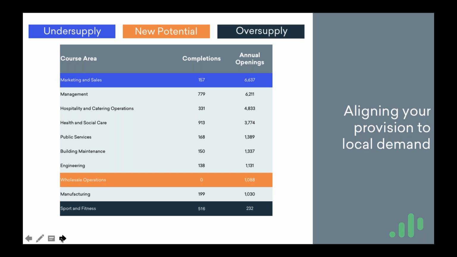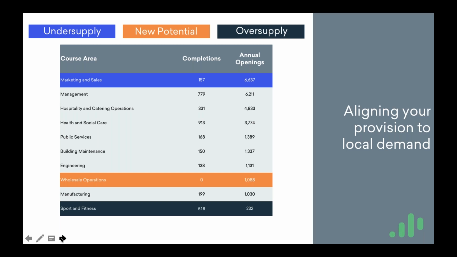And then finally, as we see at the bottom there, sport and fitness. It is a growing job. You might remember on those previous slides, fitness instructors were one of the growing occupations in Australia. But for this particular TAFE, we see alarm bells ringing there from an oversupply point of view.